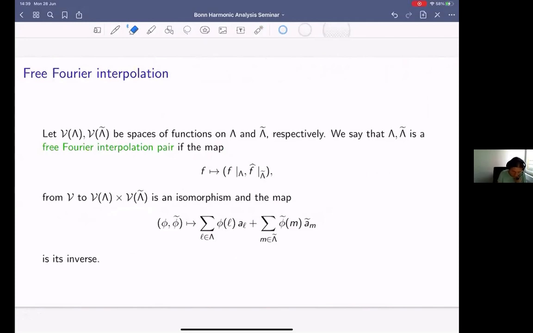So now suppose that we have also fixed some spaces of functions on sets lambda and lambda tilde. And we would say that this pair of sets lambda and lambda tilde is a free Fourier interpolation pair if this map, which takes a function f from space V and maps it to a product of these two spaces V of lambda and V of lambda tilde, is an isomorphism.